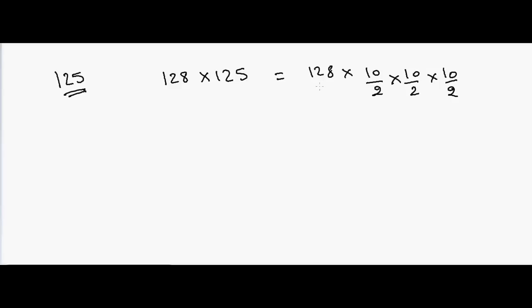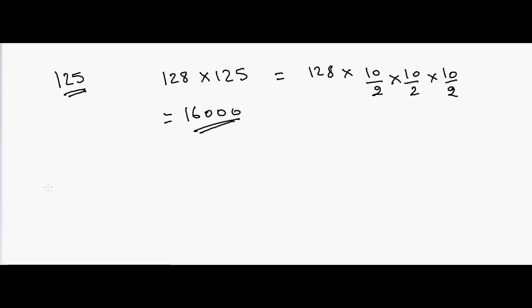So if we divide 128 by 2, that is 64, and half of 64 is 32, and half of 32 is 16. So the answer will be equal to 1600 and one more zero. So this trick may not be very convenient a lot of times, because dividing something by 8 is not very easy sometimes, but it could be handy at certain times.